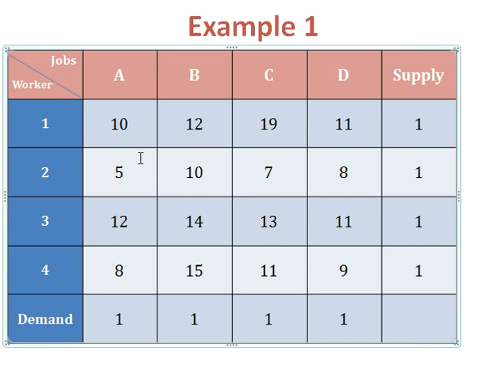Now if we want to allocate one-to-one assignment, then for this matrix, which is a 4 by 4 matrix, the possible number of combinations is n factorial.